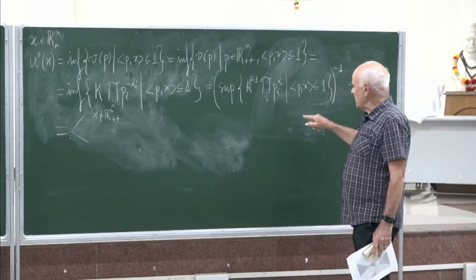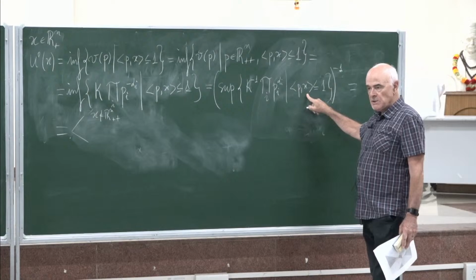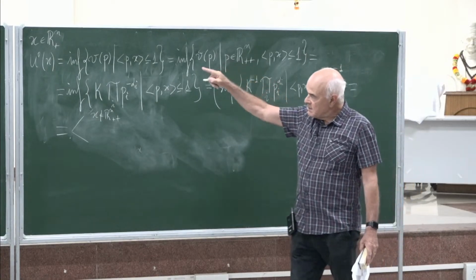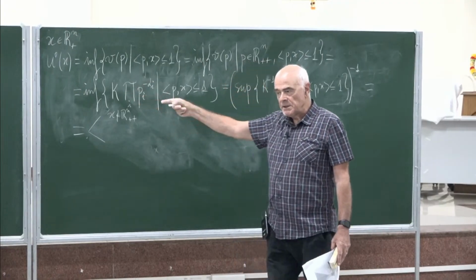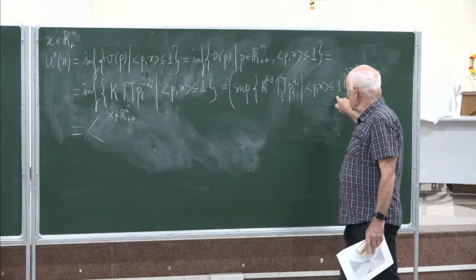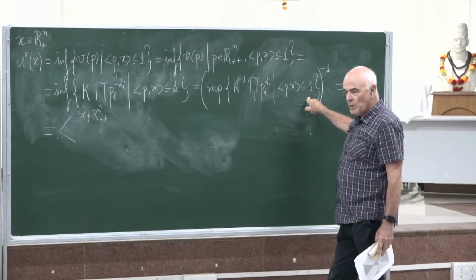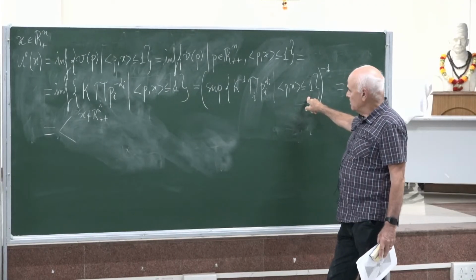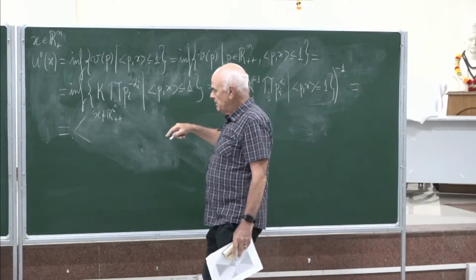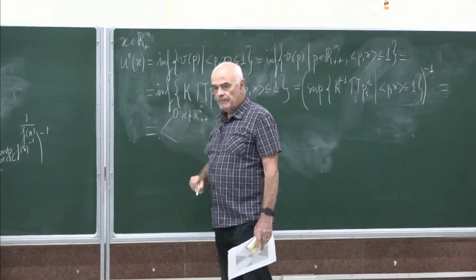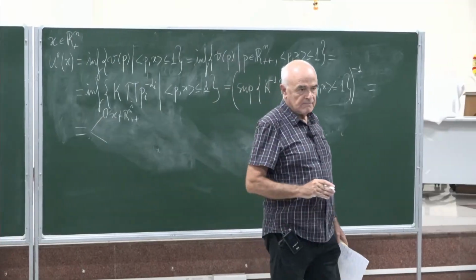If some component of x is 0, as we saw when some component of p is 0, then v of p was plus infinity. Now this is plus infinity if some component of x is 0. But then we take the inverse. 1 over plus infinity is 0. So this case is done.